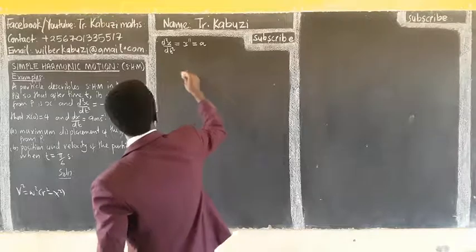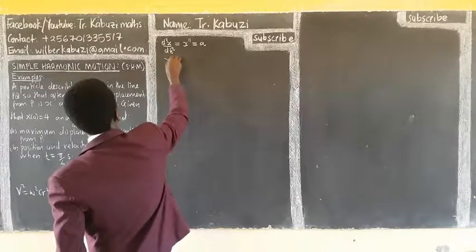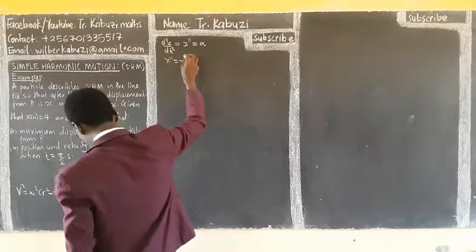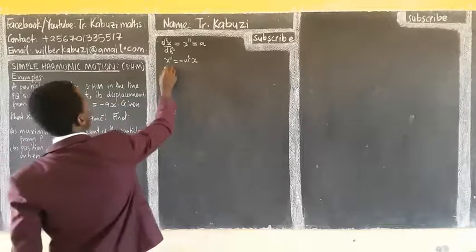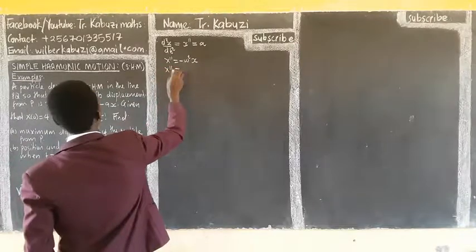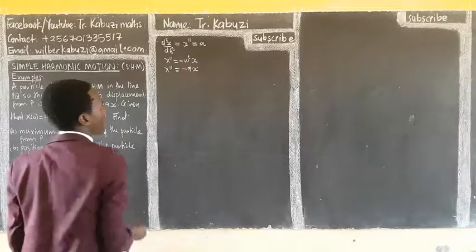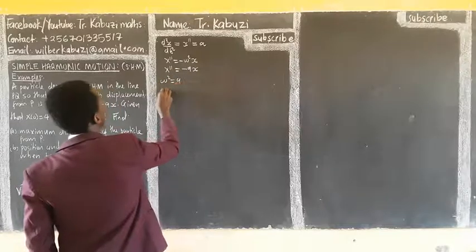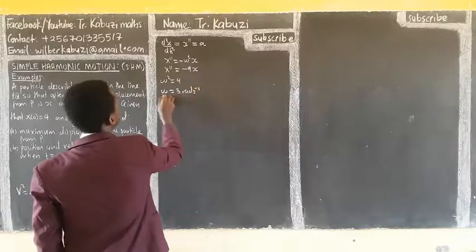So we know that already our x double prime is equal to negative omega squared times x. If we compare, here we have x double prime equal to negative 9x, so our omega squared is 9, so our omega is going to be 3 radians per second.